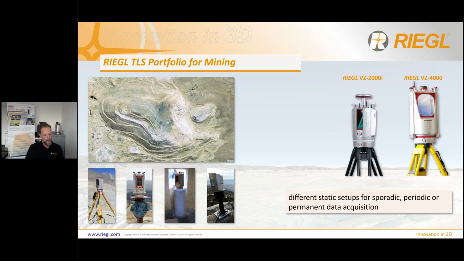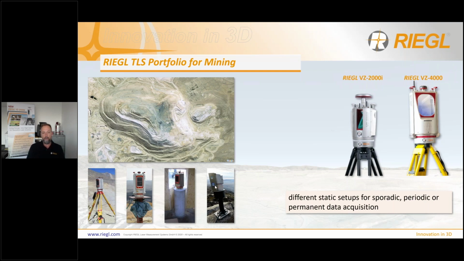You see here on the left side the typical setup for sporadic data acquisition with a simple tripod, while for periodic and permanent data acquisition we are using pillars or concrete pillars, and for 24/7 operation we even have our protective housings to protect the scanner against really harsh environments: extreme cold temperatures, snow, ice, fog, rain.